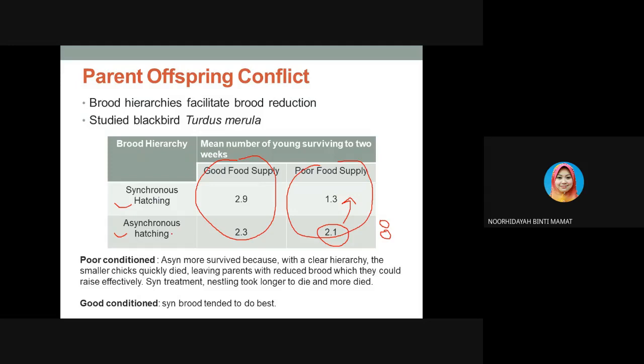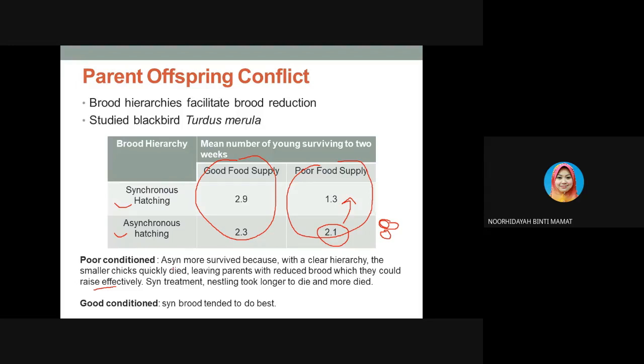So in the poor condition, the smaller chicks will die quickly. This will leave the parents with a reduced brood which they could raise effectively. They only can raise the bigger one, so it gives the benefit to the parents.